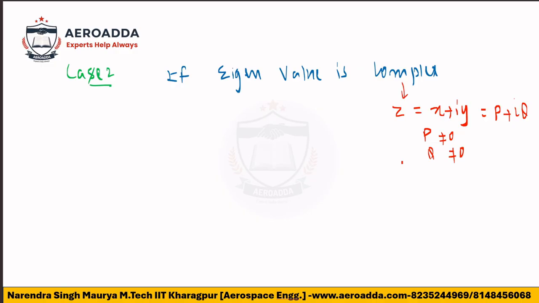So a complex pair of eigenvalues is associated with the oscillatory mode, which was already derived in vibration. e to the power i theta means cos theta plus i sin theta, which indicates real and imaginary parts. So only the complex roots will give the oscillatory mode.